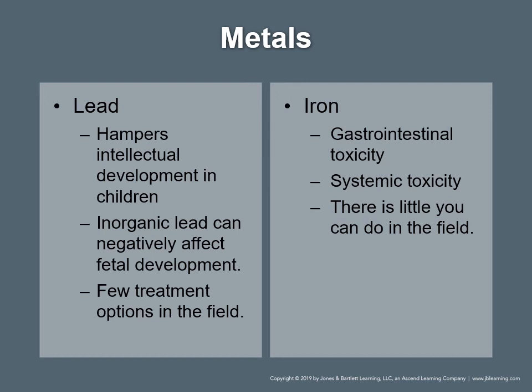Expect mild to moderate toxicity if a patient ingests 20 to 60 milligrams per kilogram. With dosing of more than 60 milligrams per kilogram, severe and potentially lethal toxicity is a possibility. Two broad categories of iron poisoning can be distinguished: gastrointestinal and systemic. With gastrointestinal toxicity, the symptoms consist of abdominal pain, vomiting, which is the most common sign, and diarrhea.